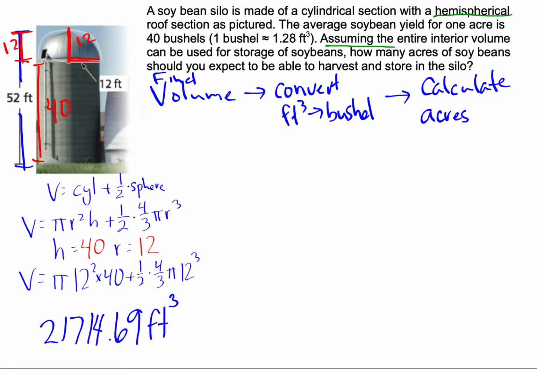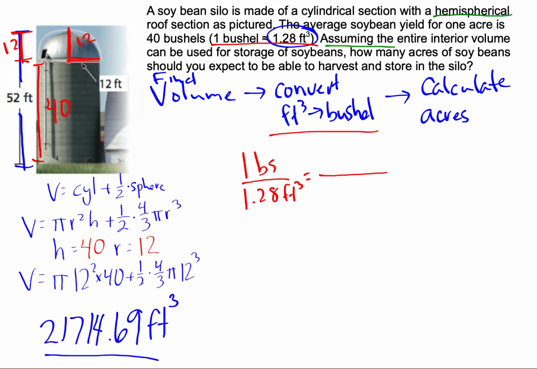We need to next convert the cubic feet to bushels. Now, if you're good with your proportional reasoning, you'd know whether to multiply or divide, and you'd be right there. If you are a little bit unsure with whether you would take this number and multiply by 1.28 or divide by 1.28, you can always set up a proportion, which is what I'm going to demonstrate. According to this information here, 1 bushel is the same as 1.28 cubic feet.